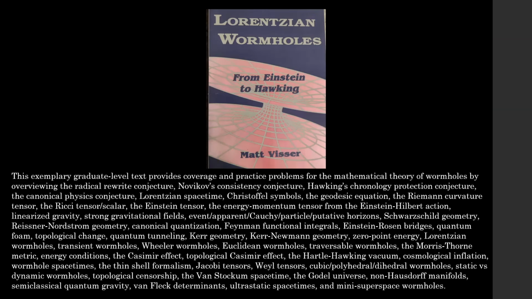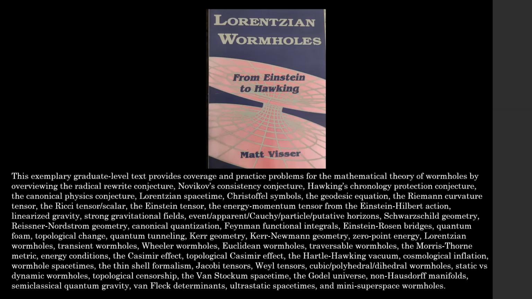And then it goes into reminding you of things about general relativity, such as Lorentzian spacetime, Christoffel symbols, the geodesic equation, the curvature tensors, the energy momentum tensor, and it actually shows you how that's derived from the Einstein-Hilbert action.